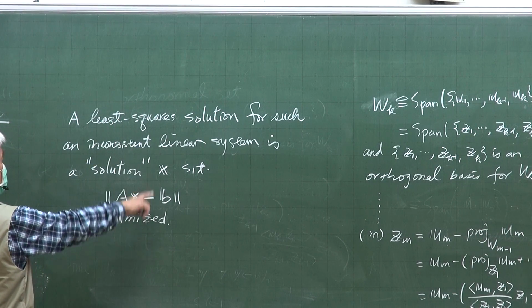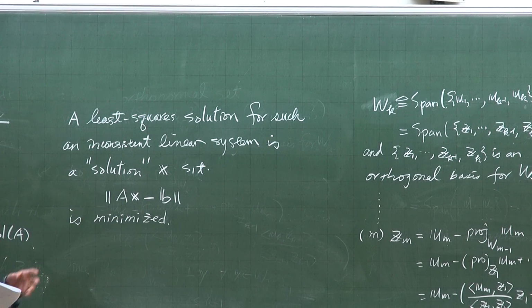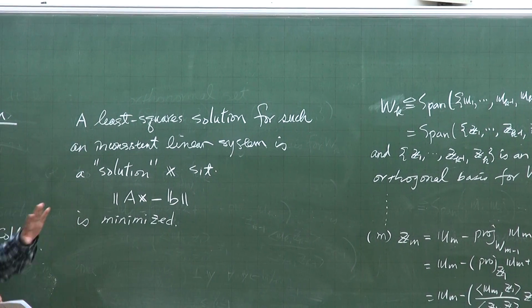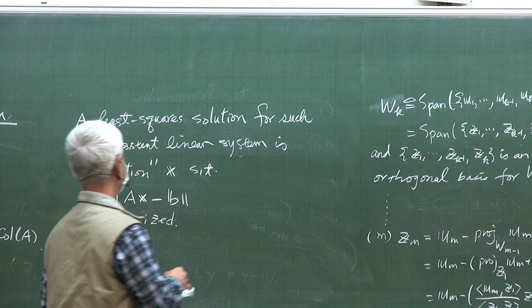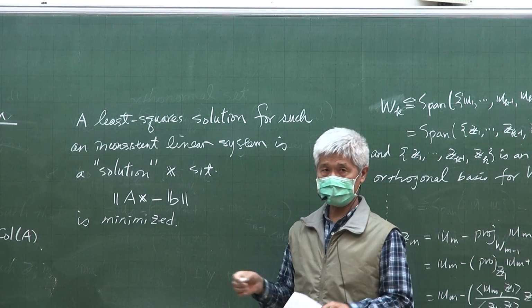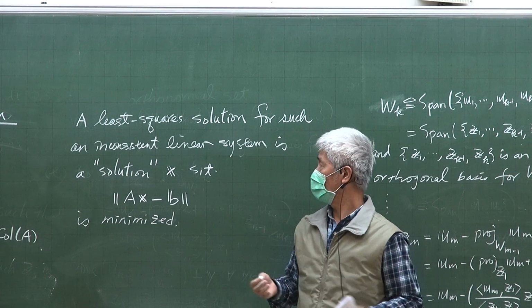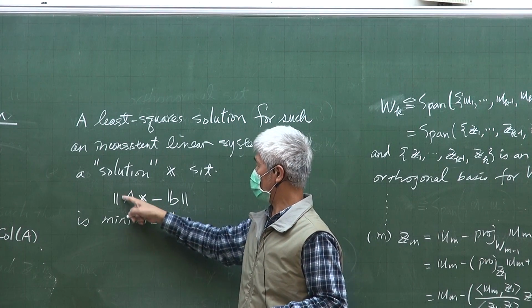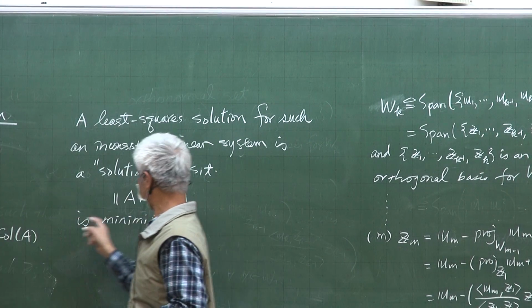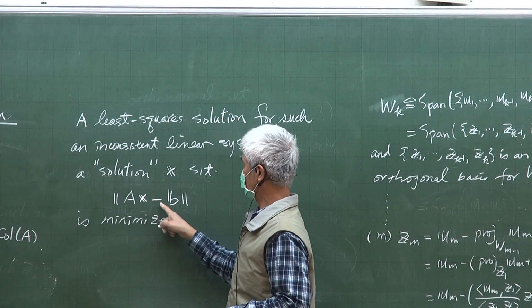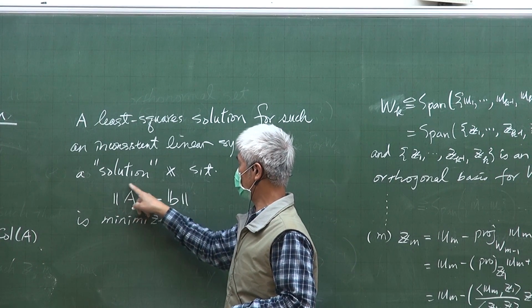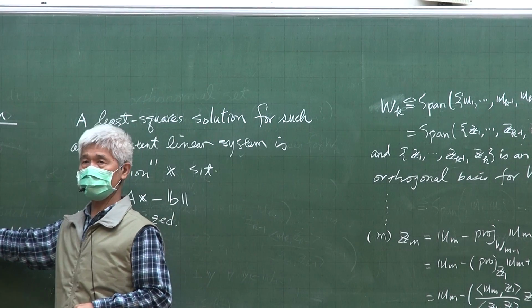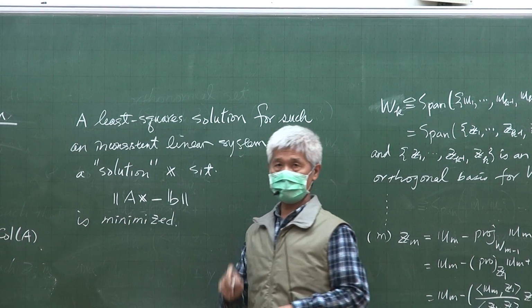This is the so-called best effort condition, the best we can do: we find a vector x such that when multiplied with the coefficient matrix, the distance from the column vector Ax to B on the right hand side is minimized.